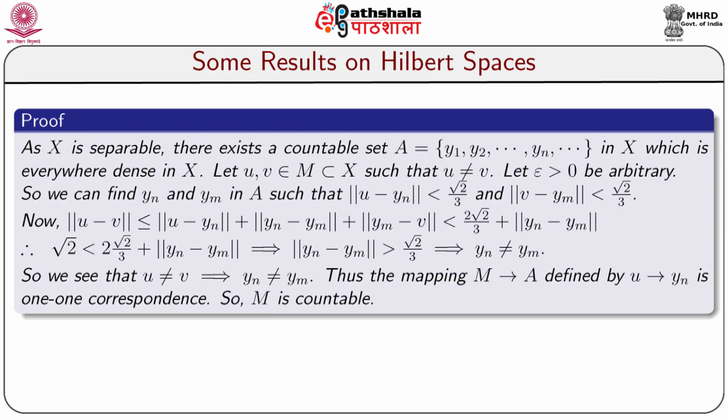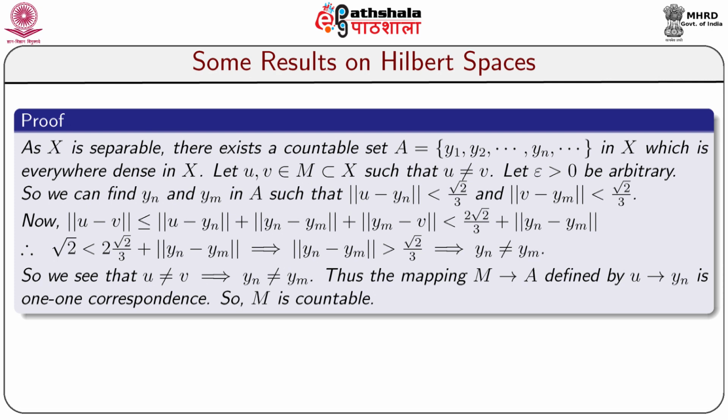As X is separable, there exists a countable set A = {y1, y2, ..., yn, ...} in X, which is everywhere dense in X. Let u, v belong to M, which is a subset of X, such that u is not equal to v. Let epsilon greater than 0 be arbitrary.